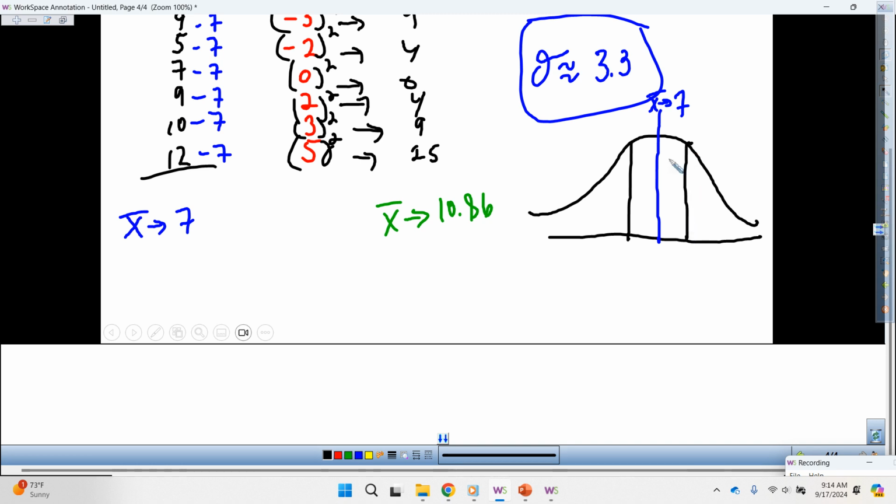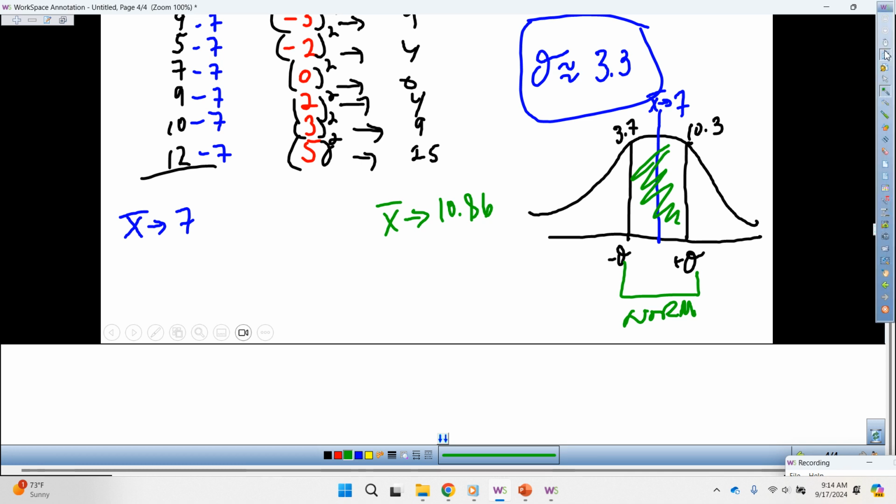Subtracting and adding the 7, so where are we at? 3.7, 10.3. So that's our 1 up standard deviation, 1 down standard deviation. And what do we call this? And if you got something like that, all right, I'll stop right there, and we know how to set up the other standard deviations. Send that in, please.